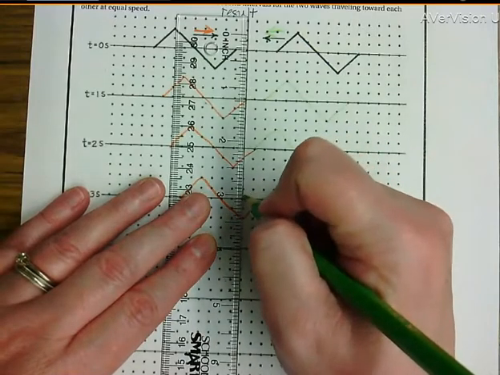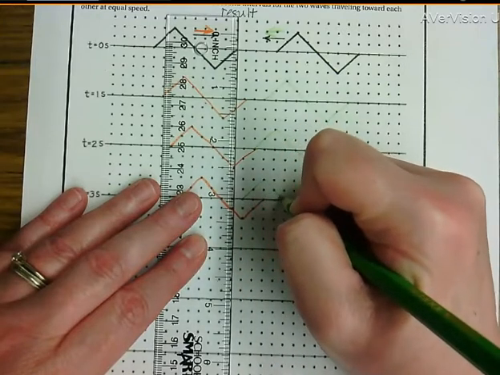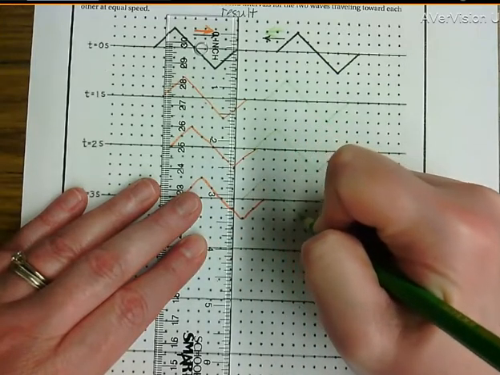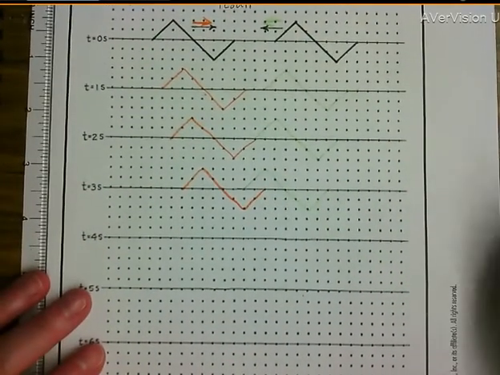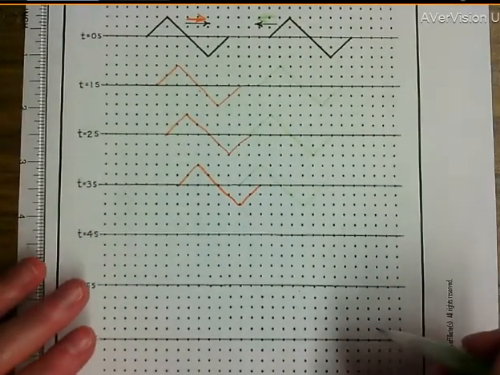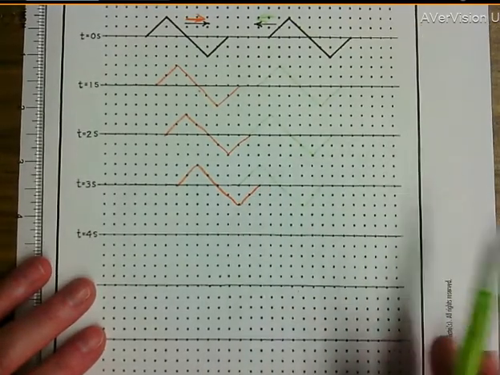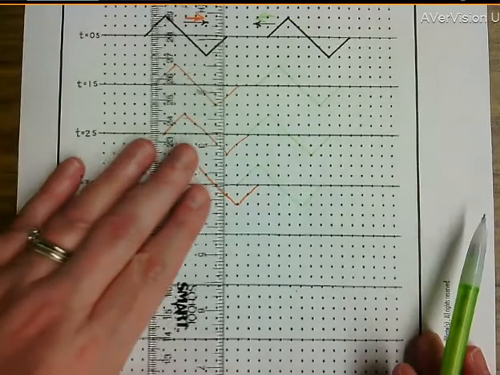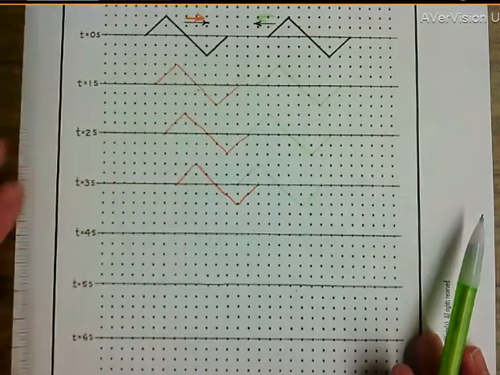So my green is going to be here. So it's up two more, up two more. Now I'm going to have some interference here, because they're at the same point here. Okay, they've overlapped. Now make sure that I did it right. We moved over one, green moved over one.